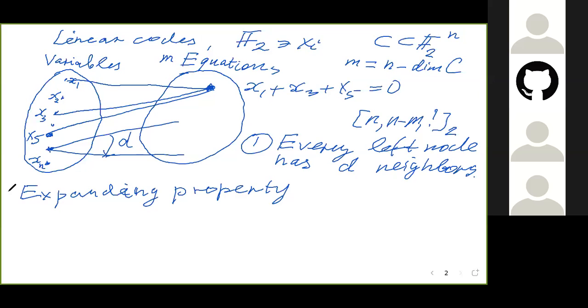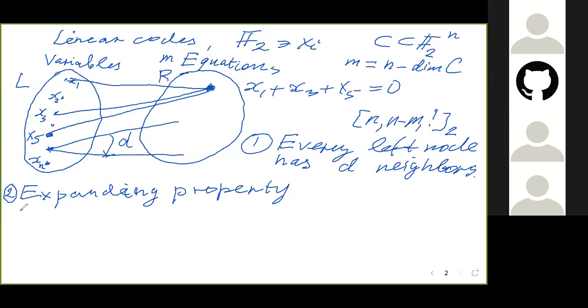And the second property is called the expanding property. This property has some parameter, epsilon, actually 2 parameters. Let's call the set of left nodes capital L, the set of right nodes capital R. So L is the set of variables, R is the set of equations.